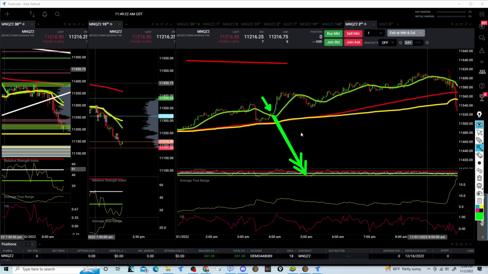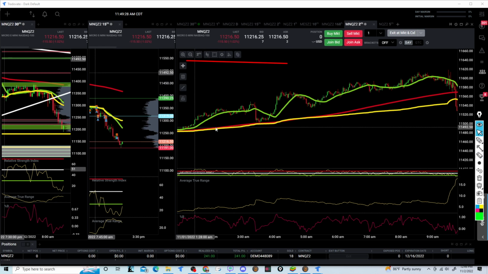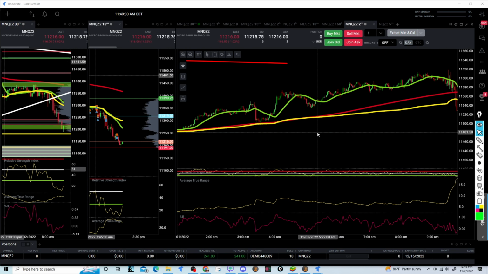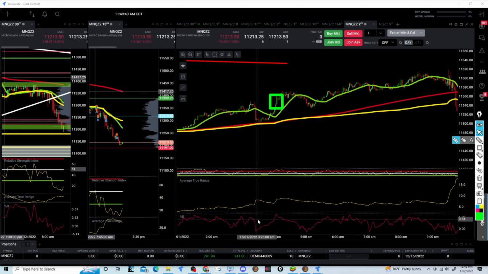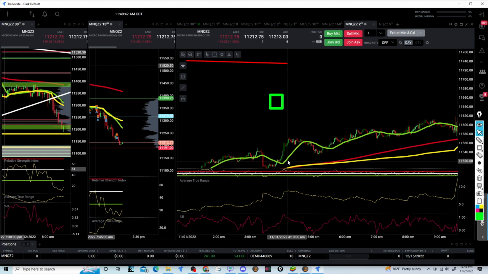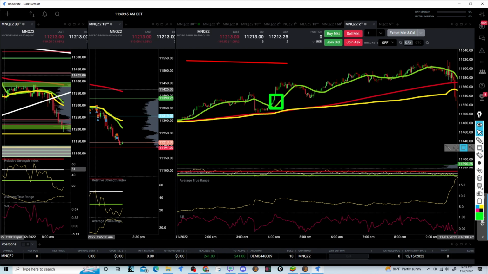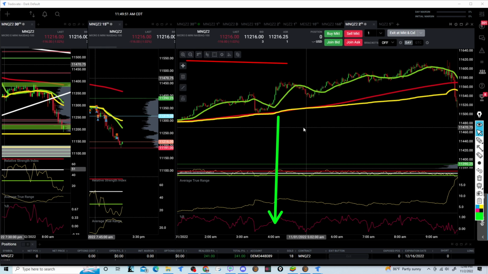Remember, the 20 is a lagging indicator, just like every other indicator. The only real thing in real time is the actual candlesticks themselves. That's price action. The other thing you want to look at is where you are in relation to time. What time is it that you're trading? That's going to play a huge role.